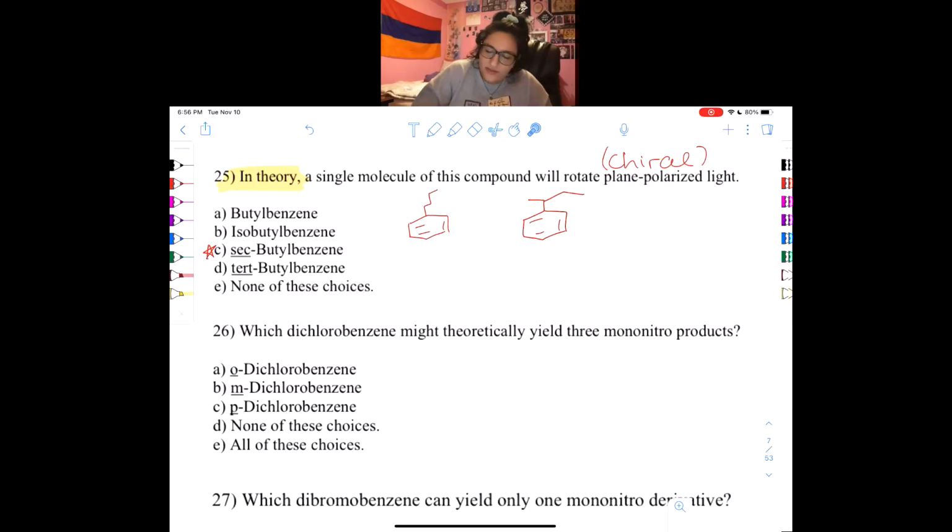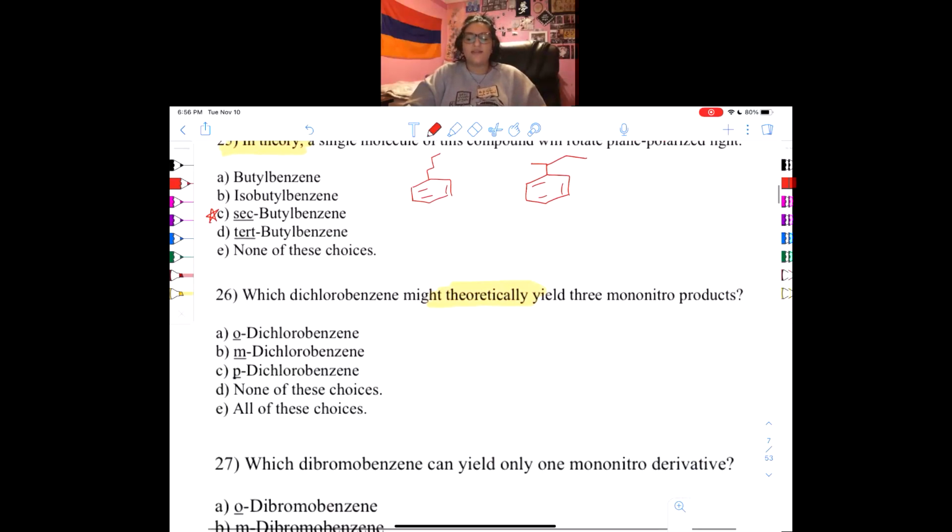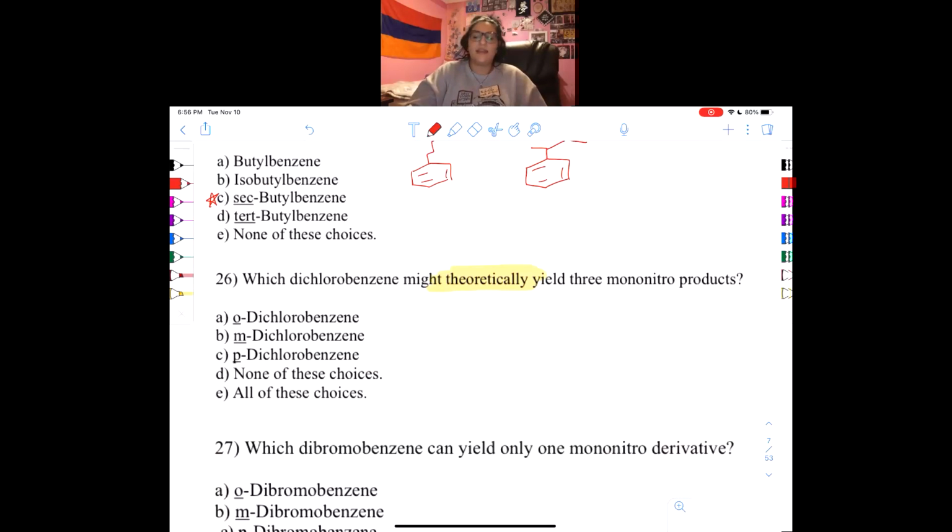Another one of those theoretical questions. So we're looking at dichlorobenzene, and we're saying which of these dichlorobenzenes might theoretically yield 3 mononitro products.